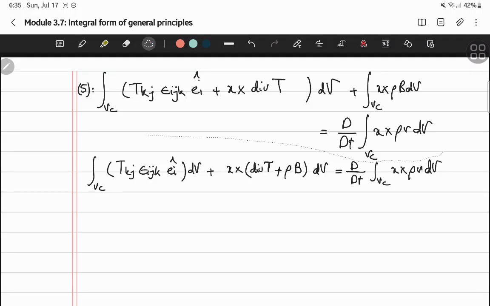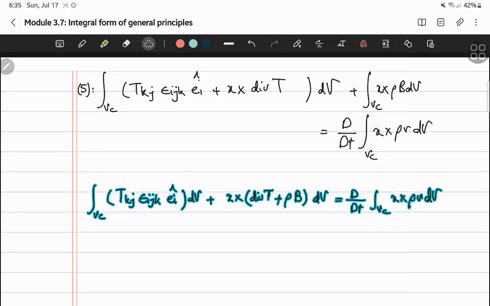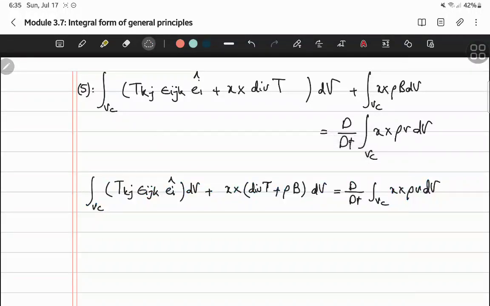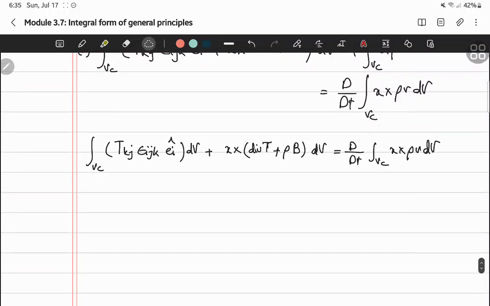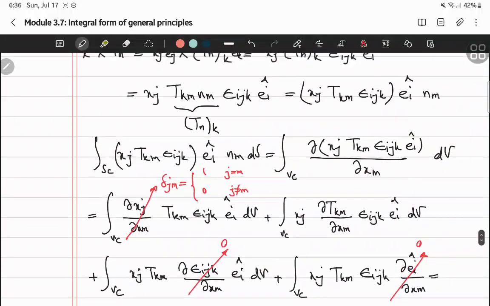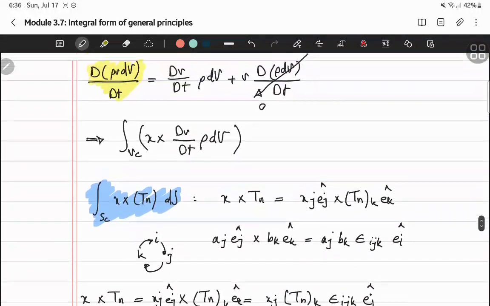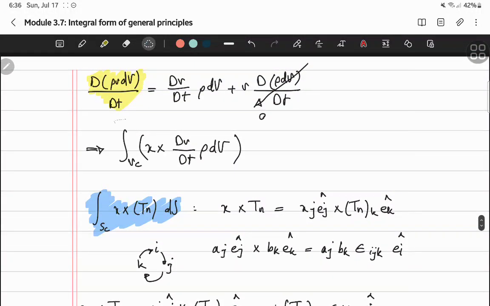Just move this down a bit. And we already showed that this x cross rho v is equal to this one.